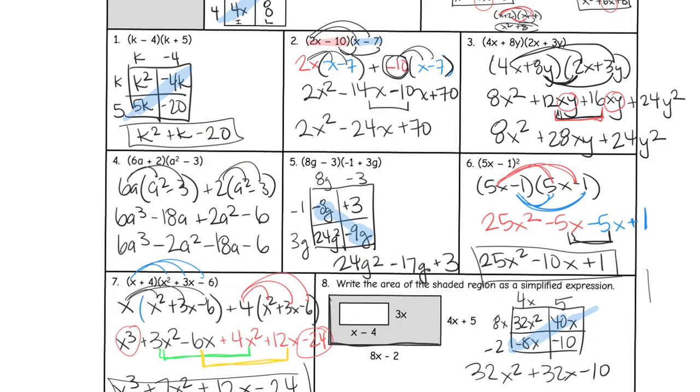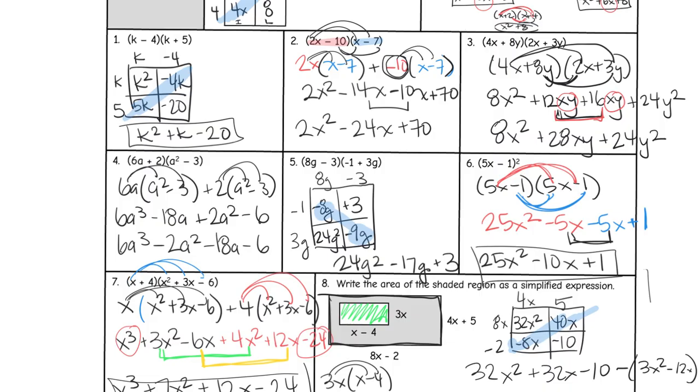That's the whole thing. I need to subtract away whatever's in that white area. To find that white area, I'm going to just do 3x times x minus 4, which will be 3x squared minus 12x. So I want to subtract all of that, 3x squared minus 12x, from the bigger area.